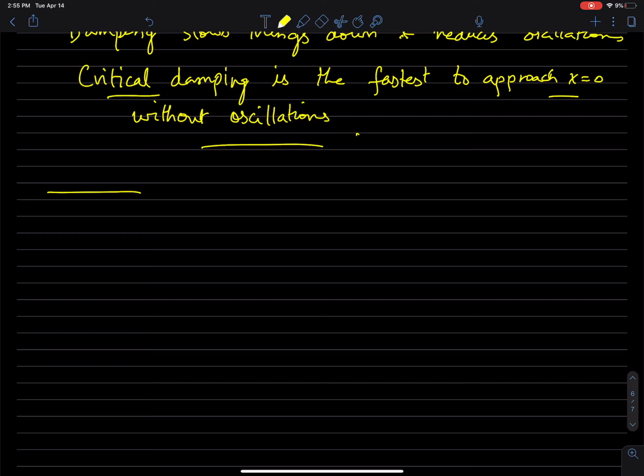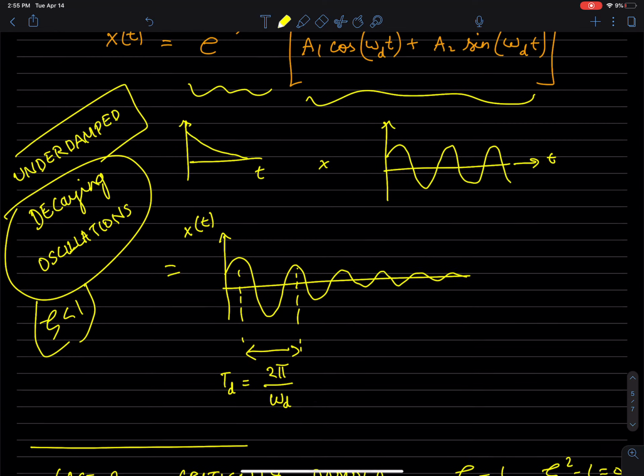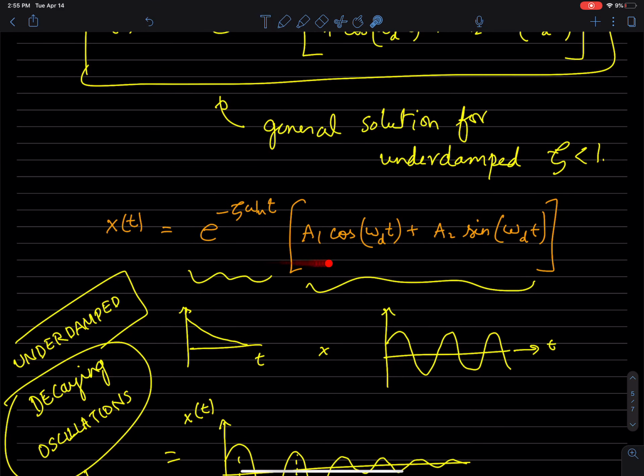Of course, there's case 4, which is no damping, which we've already seen, which is just a special case of this guy, right? So for no damping, this term becomes equal to 1.